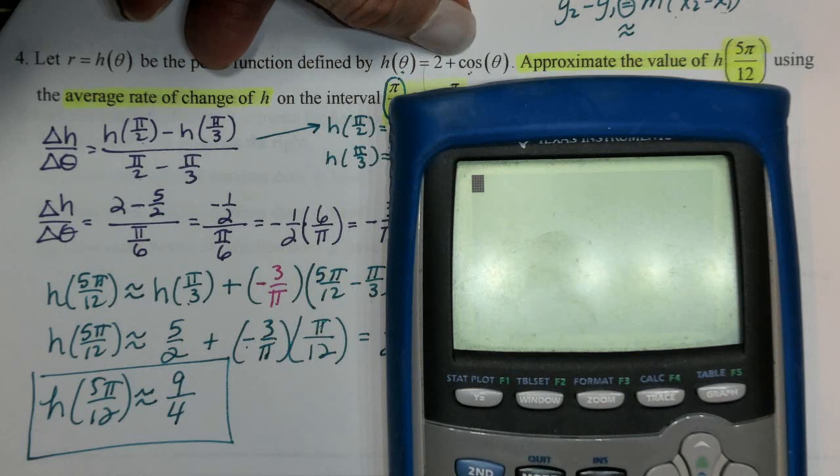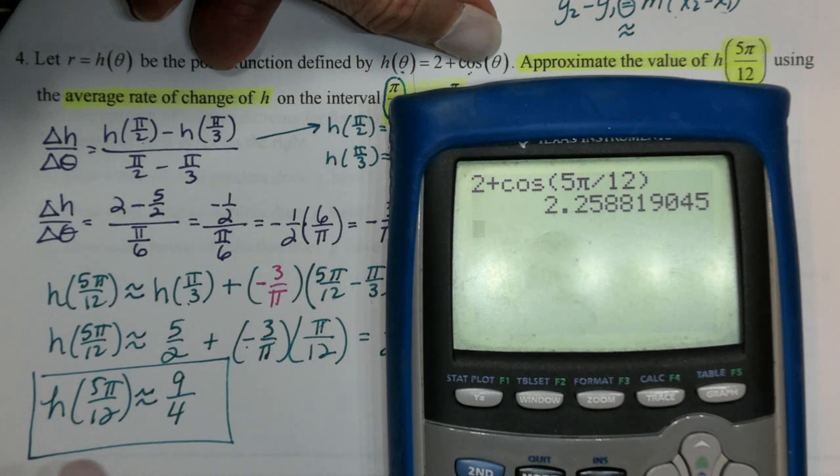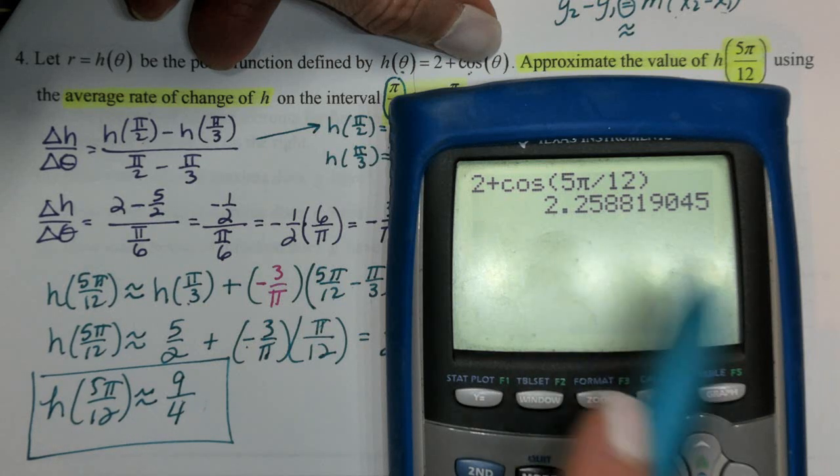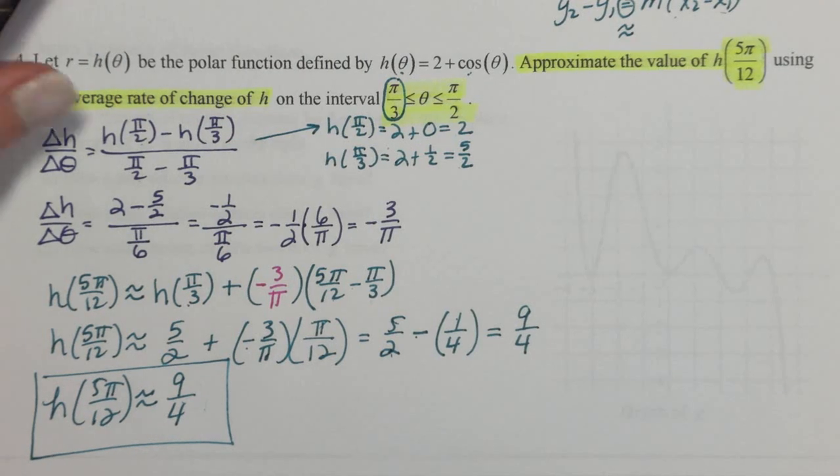We would get 2 plus cosine of 5 pi over 12. Look how close that is to 9 over 4. 9 over 4 is 2.25. Look how close it is. Not a bad approximation using the average rate of change.